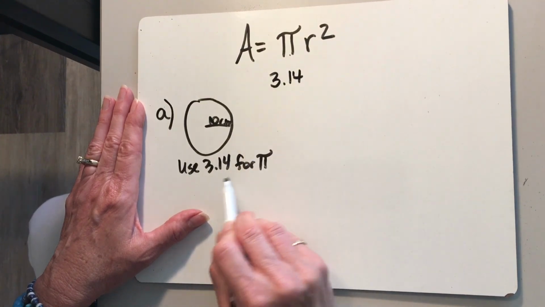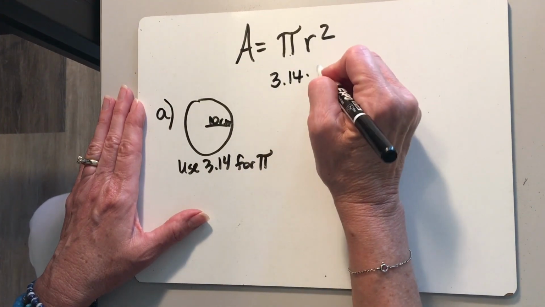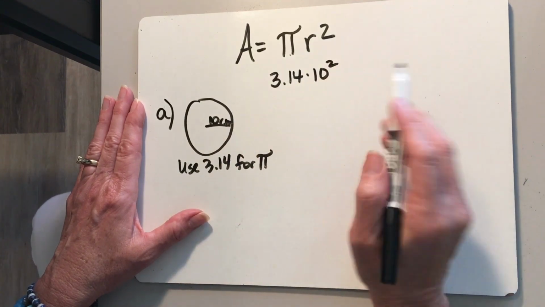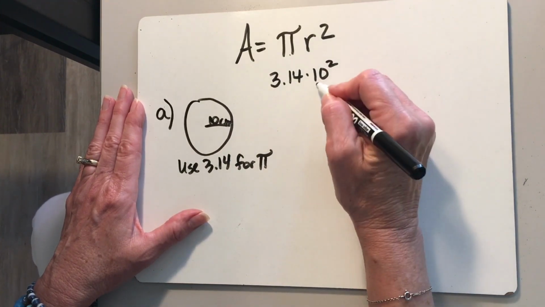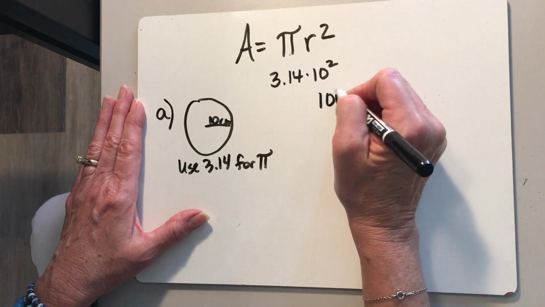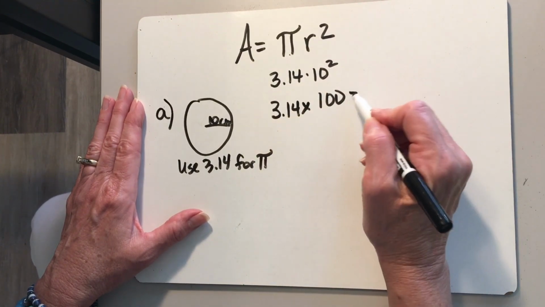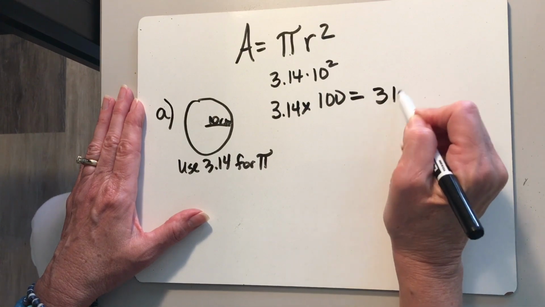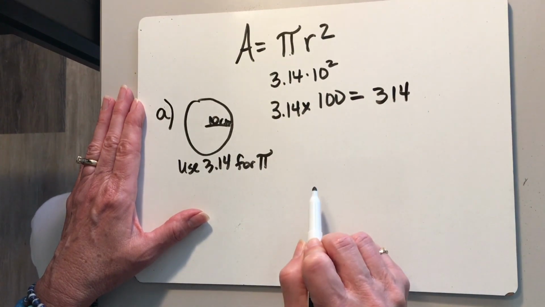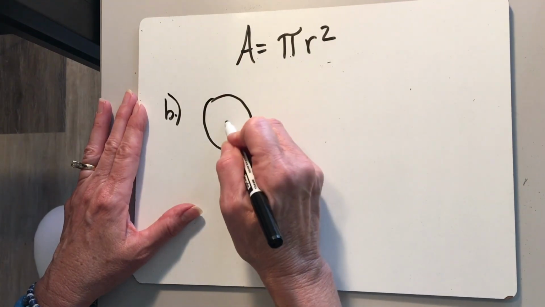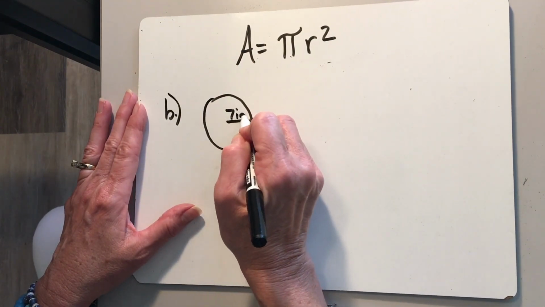So pi is 3.14. R squared is going to be 10 squared, that's our radius squared. What's 10 squared? That is 10 times 10, which is 100. So 3.14 times 100 equals 314.